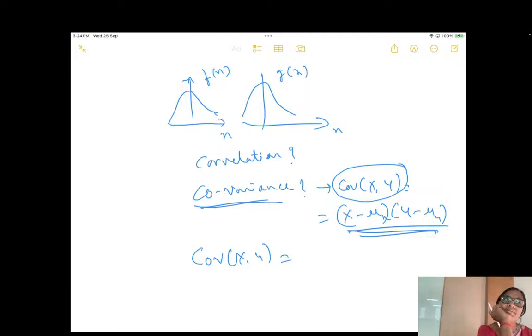Single value or matrix? If it is equal to 0, I still am not talking about what is the meaning if it is 0, or what is the meaning if it is 1. I am not talking about that. What I am talking about is covariance of x comma y. x, y are two random variables. Is it one value or is it a matrix?